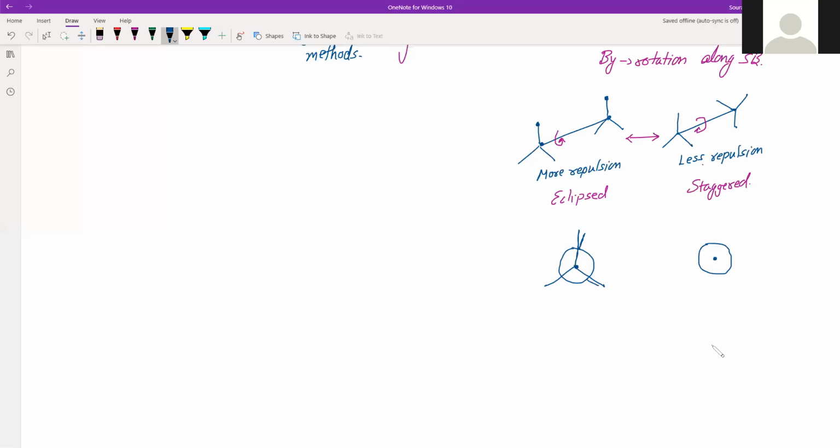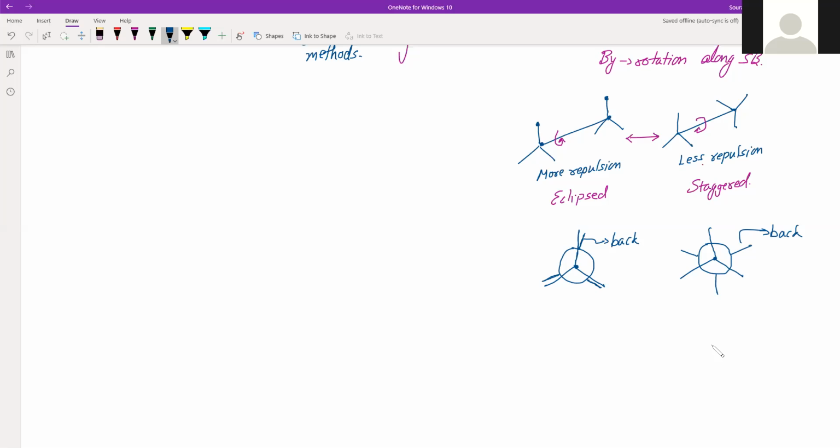That is, just behind the front groups, the groups in the front. And staggered will look like this. These bonds which you see here belong to the back; they are attached to the back carbon.